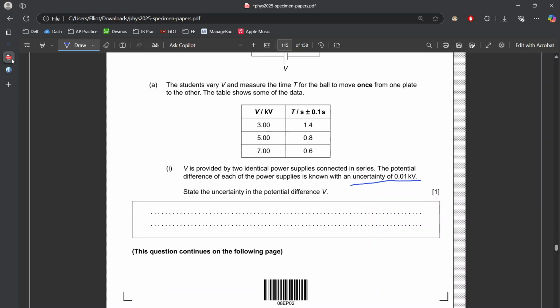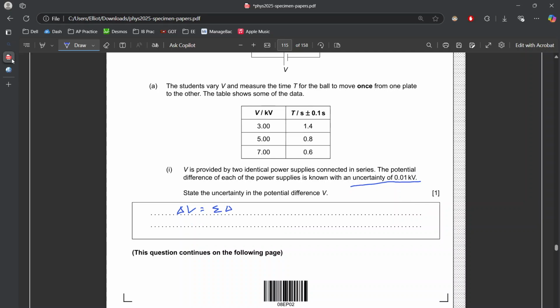Okay, so this is a simple uncertainty question. I probably didn't have to read all that, but this is just to say that your uncertainty in V is going to be equal to the sum of your uncertainties in the suppliers.